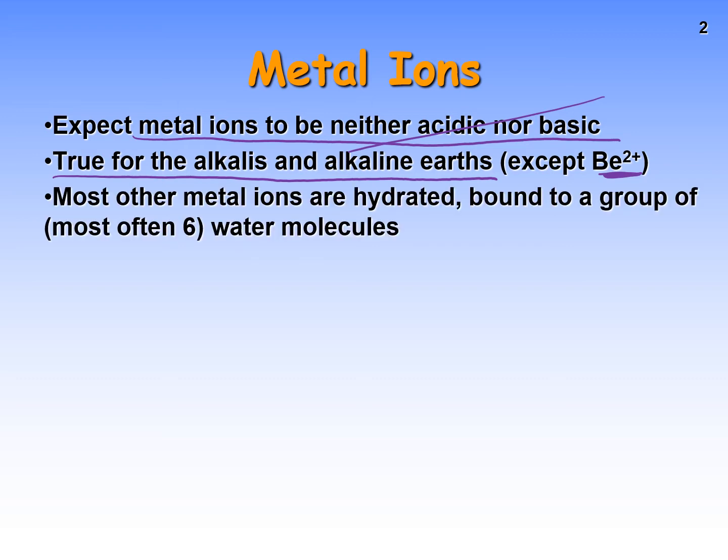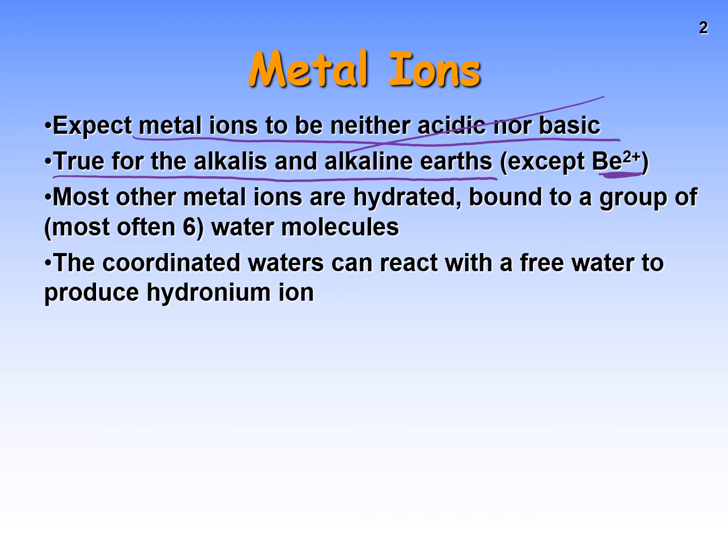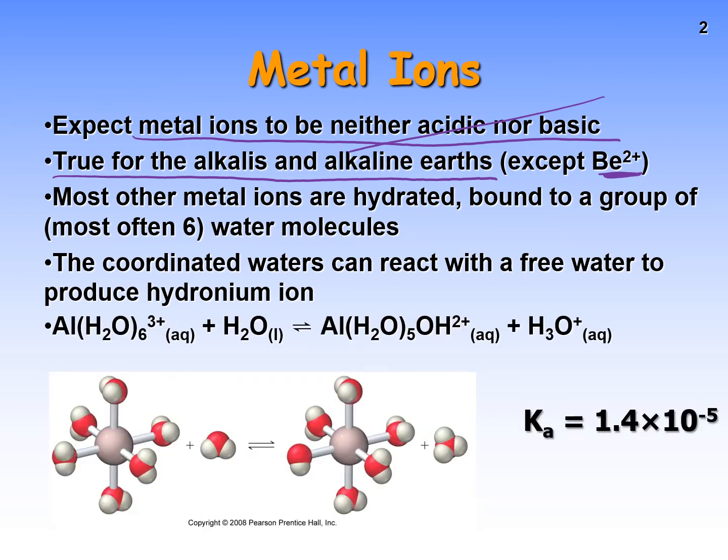Now, how does that happen? The way it happens is due to the fact that in reality, most cations or anions are hydrated when in an aqueous solution. In the case of metal ions, they're bound to a group of about 6 water molecules. These coordinated water molecules can react with a regular water molecule to form H3O+. So for instance, here's Al(H2O)6 3+, right?